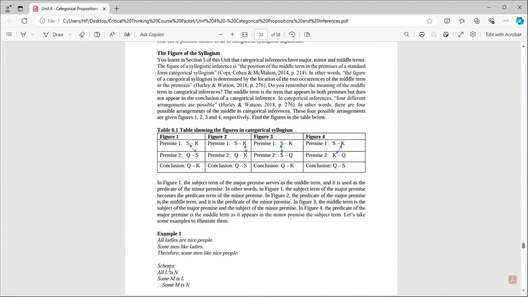So we can turn it: all L is N. Some M is L. Therefore, some M is N. So we have A, I. Then you put dash 1, figure 1. The arrangement is figure 1.